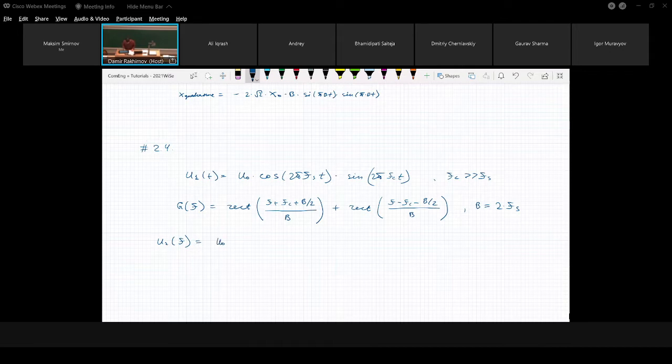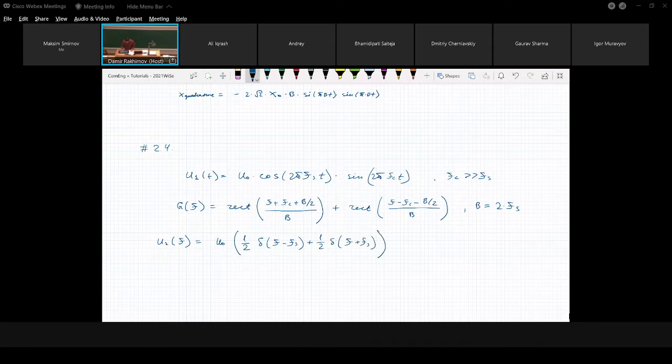We have u0, I open braces, and I write what we have. First, the Fourier transform for cosine, which is a sum of two delta pulses with positive magnitudes: 1/2 delta of f minus fs plus 1/2 delta of f plus fs.